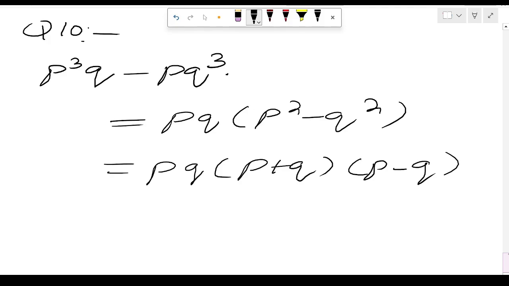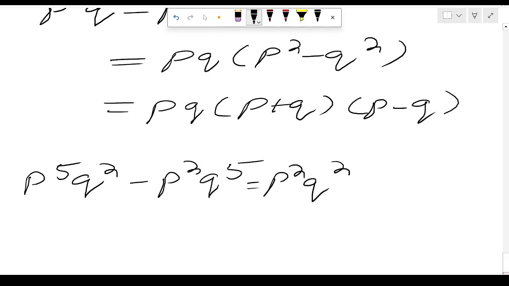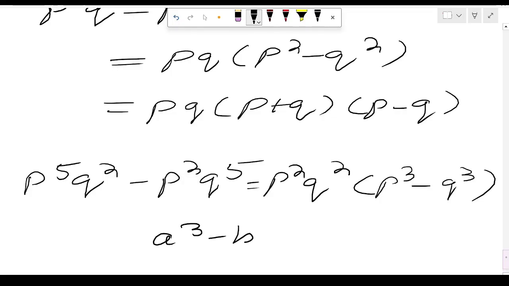Now the second expression, we have p power 5 q square subtracted from p square q power 5, and it is equal to p square q square. Why? Because it is the common between these two, and then we're going to write p cube subtracted from q cube. So we learned this formula in the previous exercises, which was a cube minus b cube.